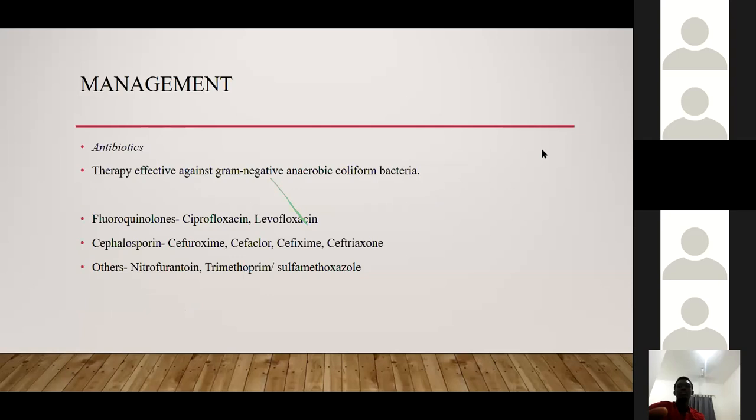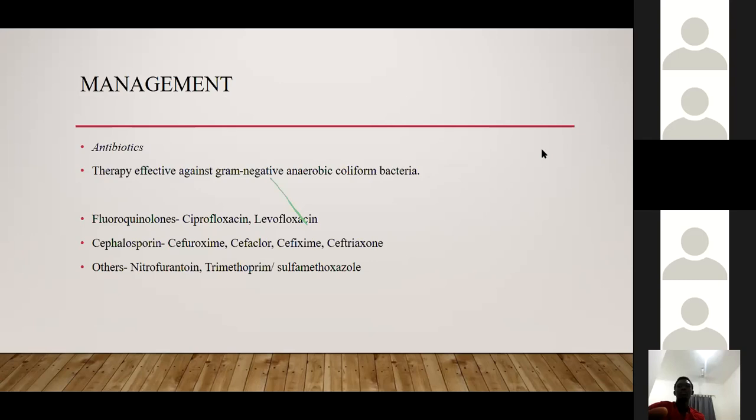So, as I said, antibiotics, the effective therapy against gram-negative organisms, you can see it there. You can give the fluoroquinolones, so ciprofloxacin, levofloxacin, moxifloxacin, they are all fluoroquinolones. Of course, they have different generations. So depending on what you're dealing with, you give accordingly.